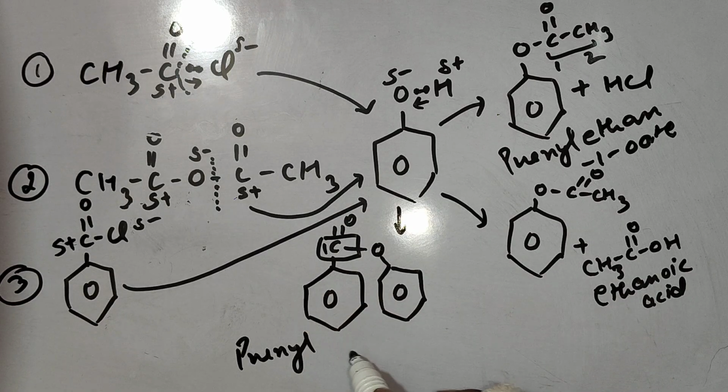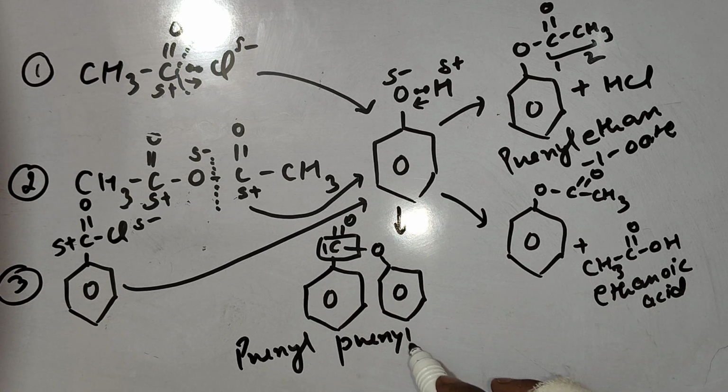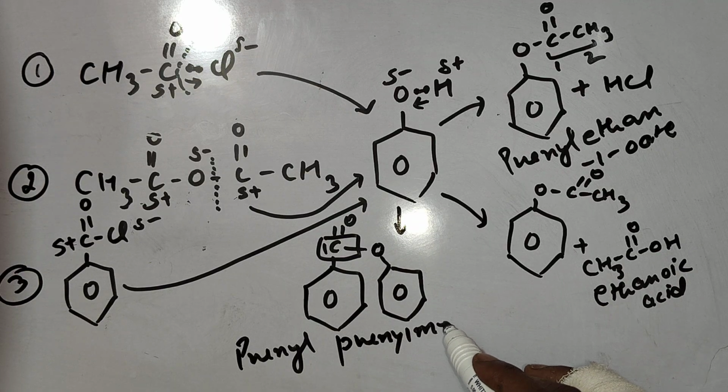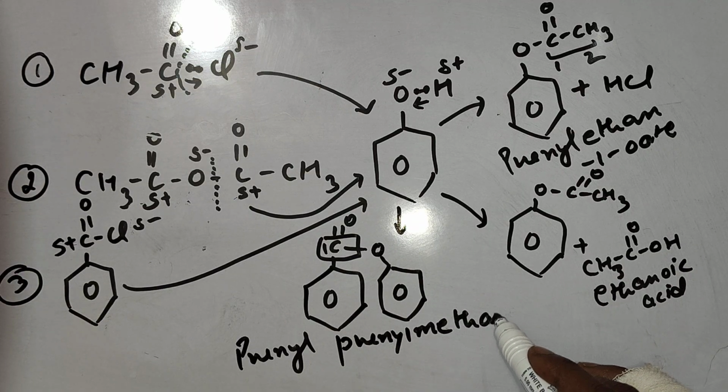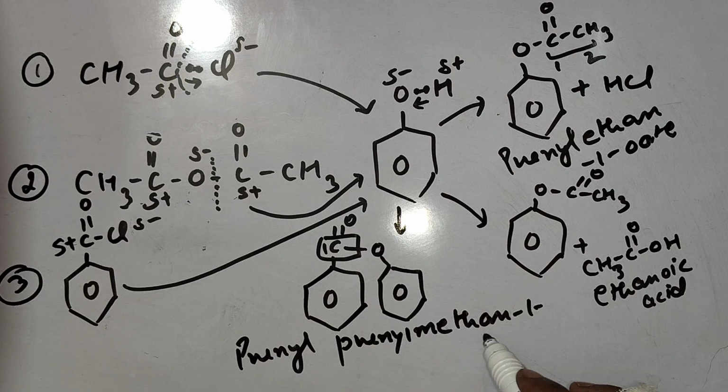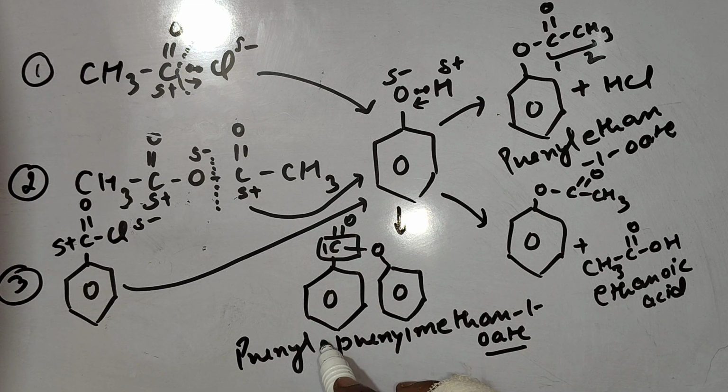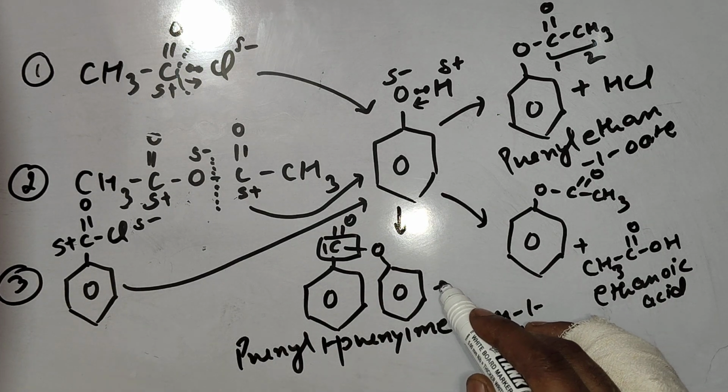This will also work as a phenyl side chain. So again the name phenyl, word root meth, ane. The position of phenyl you can tell, 1-phenyl methane 108. Side product will be HCl.